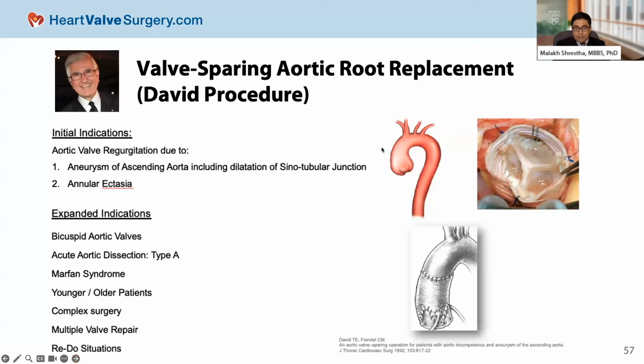One was that the diseased aorta was taken out. The second is that because the graft was outside the root, it prevented the root from dilating again, even in Marfan patients. He started that in 1992, and we could see that the results were good, so the indications have now expanded, not only for Marfan patients but also to bicuspid valves and even acute dissections, and younger and older patients.